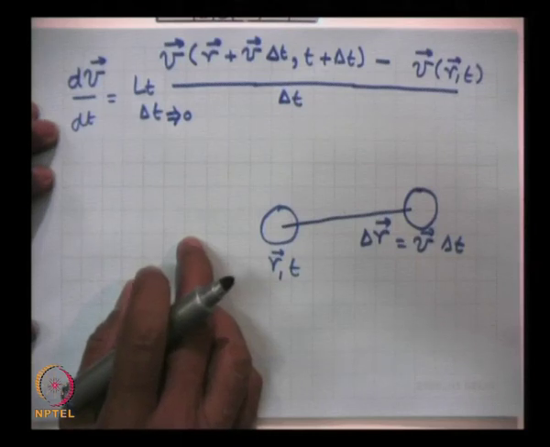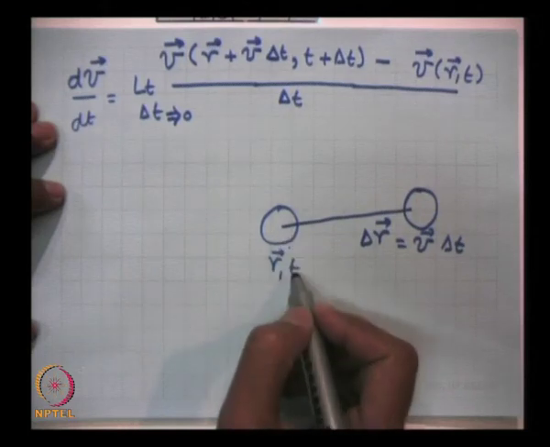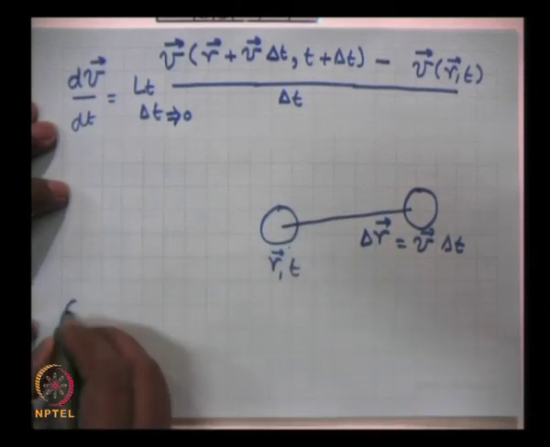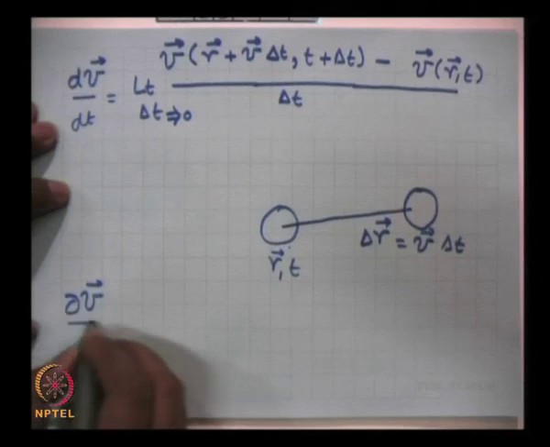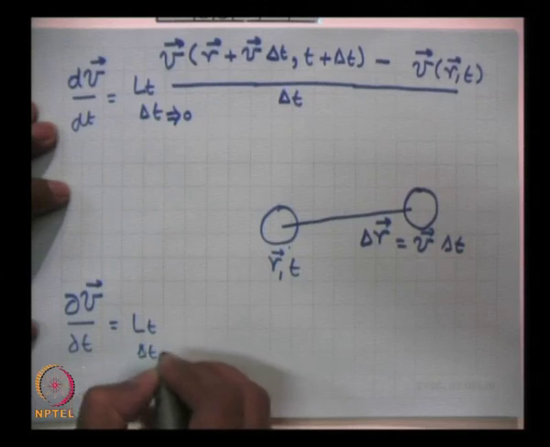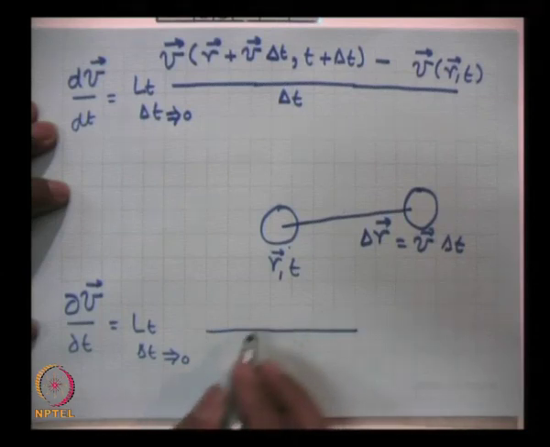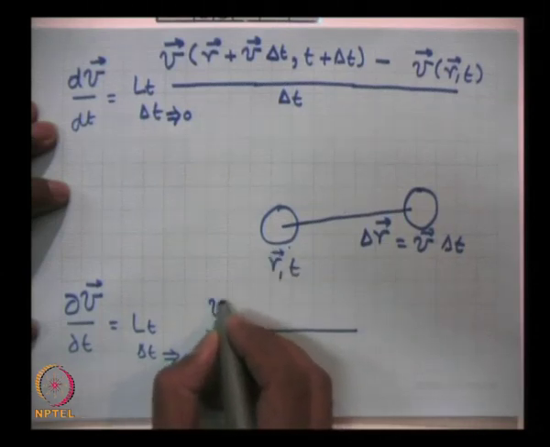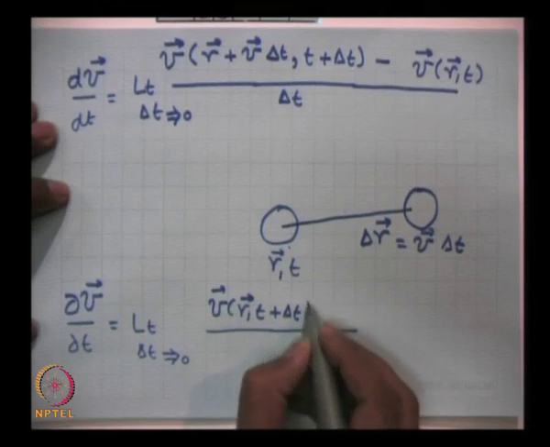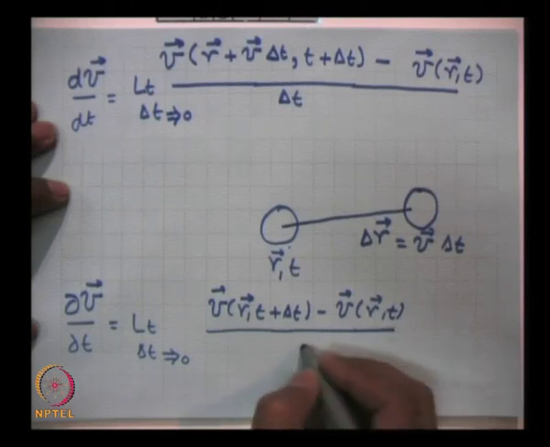In contrast, if I had kept my eye fixed at this point, measured the velocity of particles at position r at time t, and then later at the same point at time t plus delta t, I will get a quantity called delta V by delta t, which is the limit delta t tending to 0 of V at r at time t plus delta t, minus V at position r at time t, upon delta t.